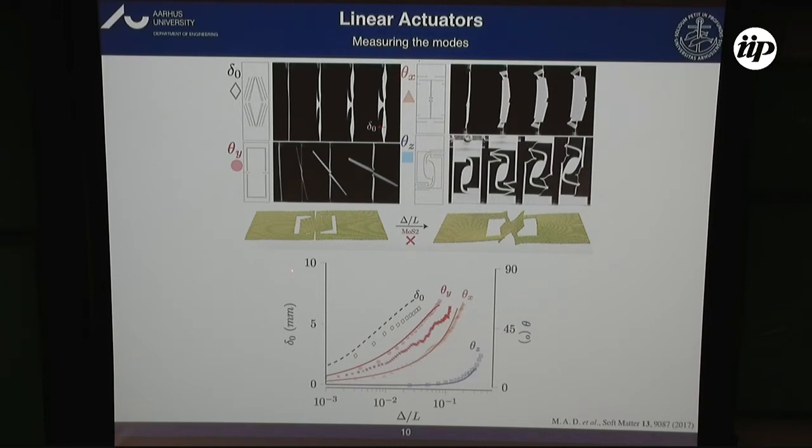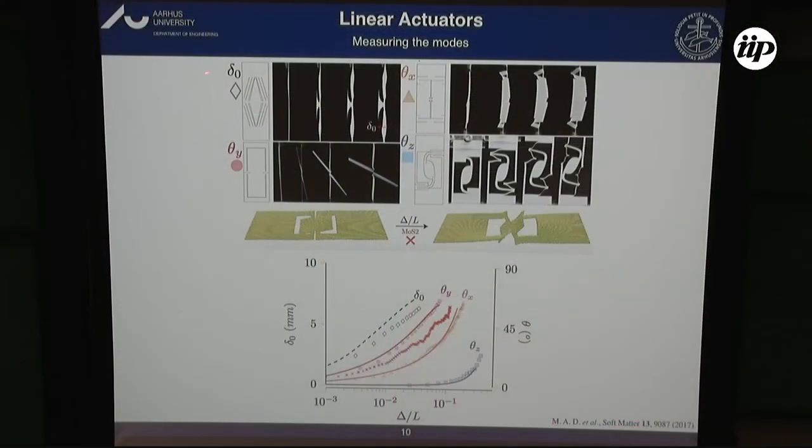The way to read this plot is: the x-axis is the deformation along x, the extension of the entire sheet. This side of the y-axis measures the out-of-plane deflection of the lift mode, and here we put the measure of the rotation of all the other modes, and they are color-coded respectively.